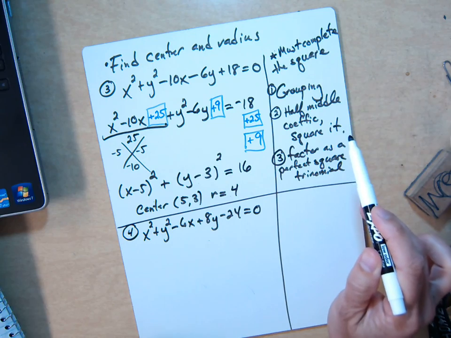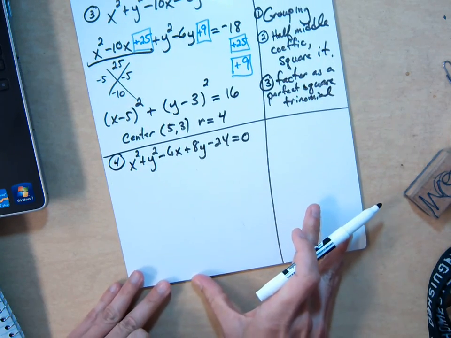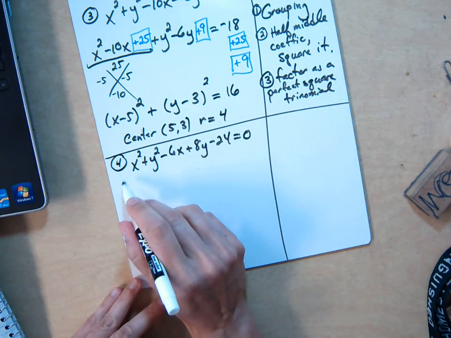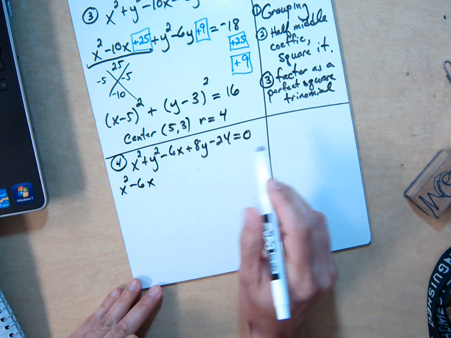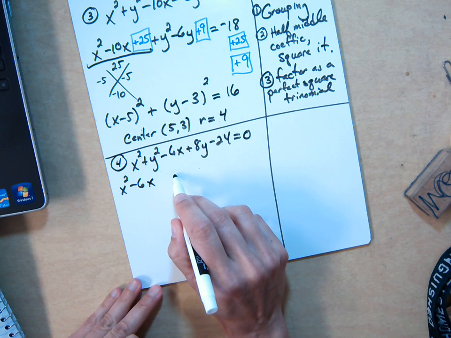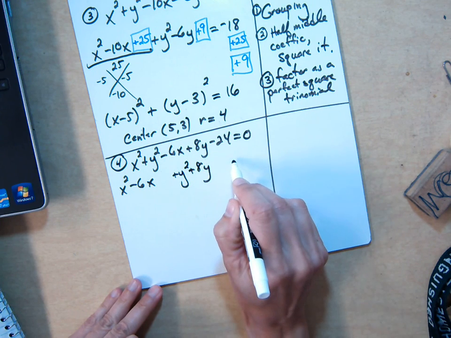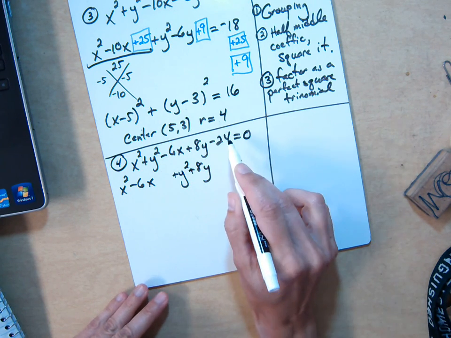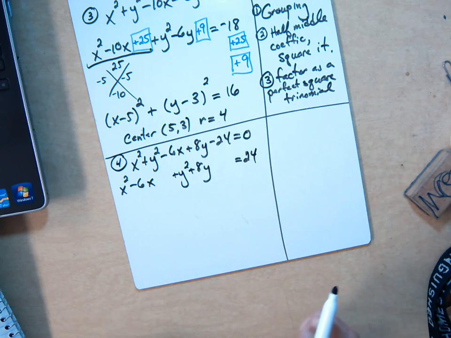So grouping, complete the square, factor. Okay, so grouping. X squared minus 6x go together, and y squared and 8y go together, and then minus 24, you'd add 24 to each side, and it goes like that.